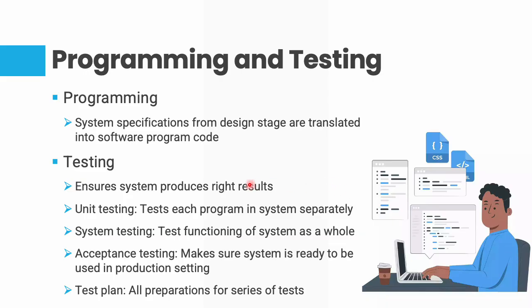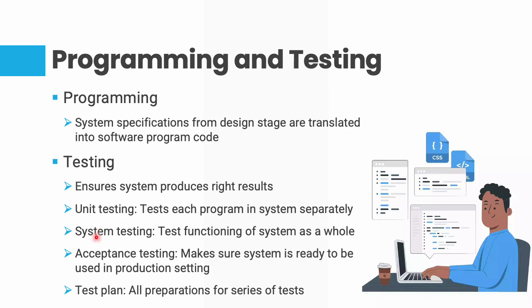The first level is unit testing. This is like testing each individual part of a car separately, like the engine. We check the brakes, we check the lights, we test each small program or module by itself to make sure it works correctly on its own.